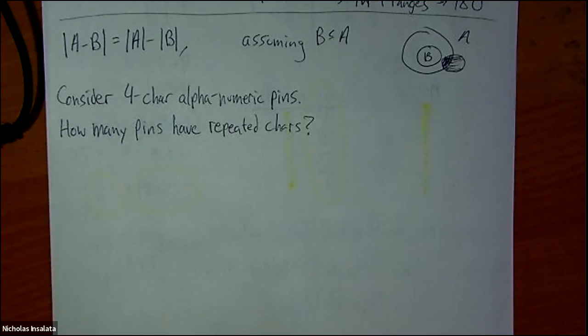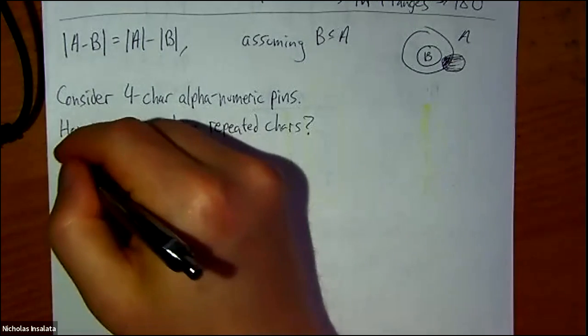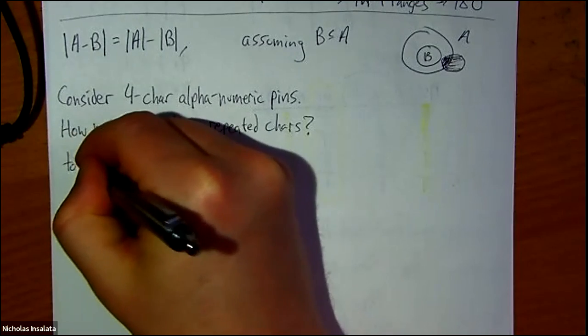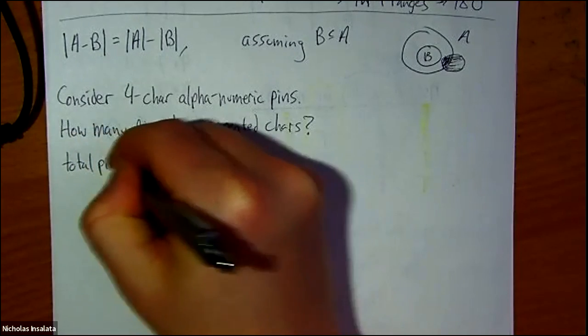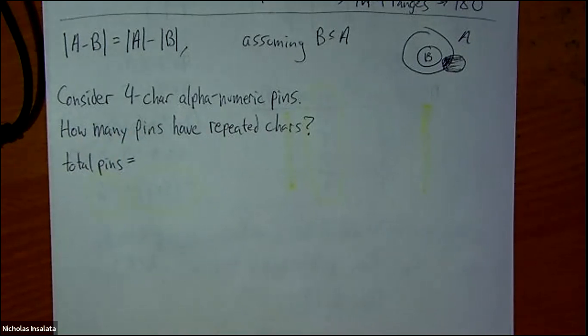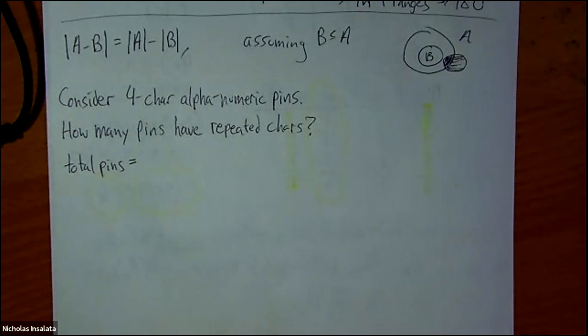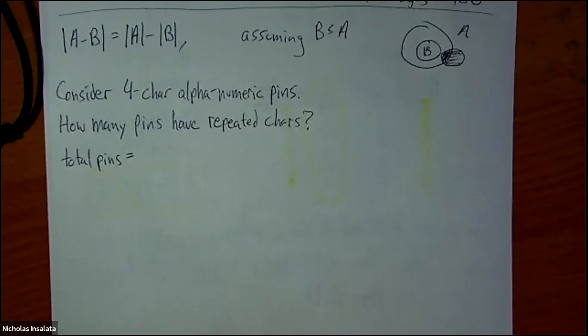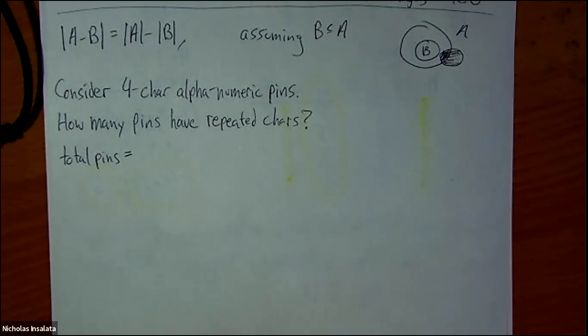Okay, calculate the total number of pins. Okay, so total pins is how much? Okay, then subtract off the not repeated pins. Very nice, right? And oftentimes that's going to be an easier thing to calculate than the ones that do have repeated characters.